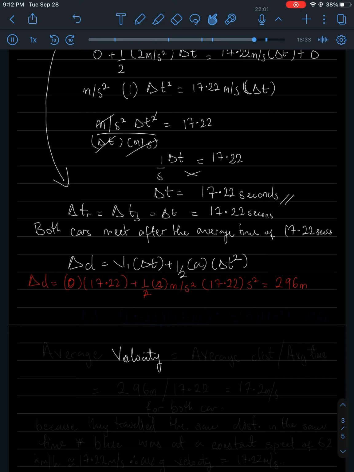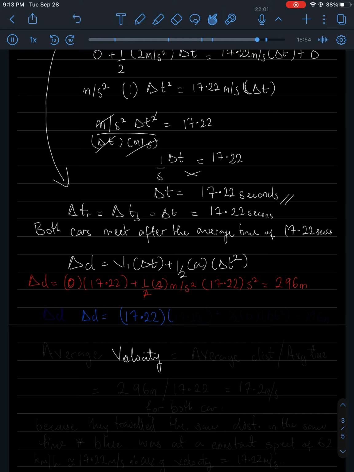Now for the blue car, we have its average distance. I'm going to use the lighter blue, it's easy to see. Its average distance is equal to 17.22, which should be its initial velocity.